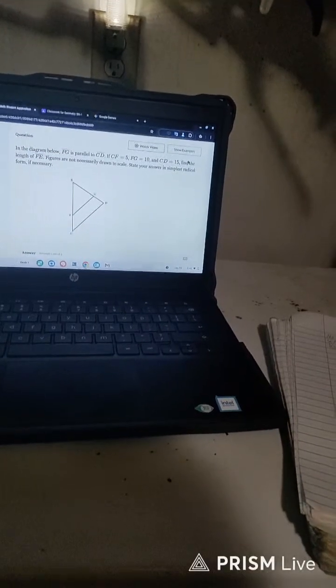Alright, so if CF is equal to 5, FG is equal to 10, and CD is equal to 15, find the length of FE. Okay, so we have to do x over CF plus EF.